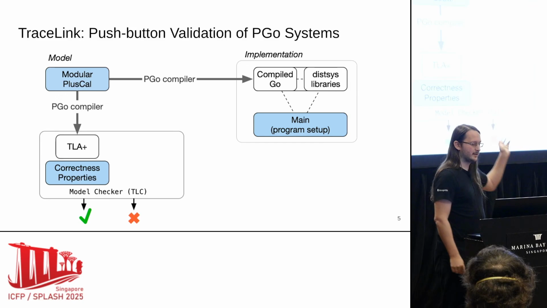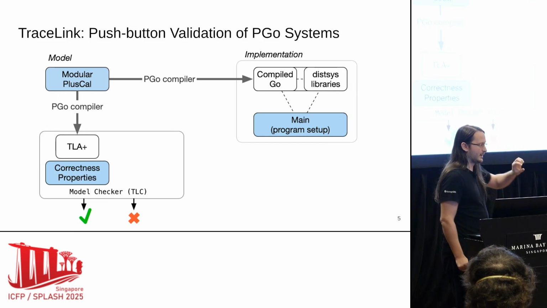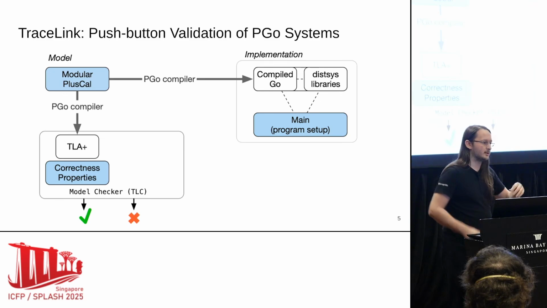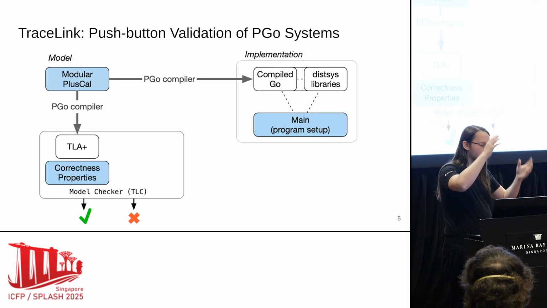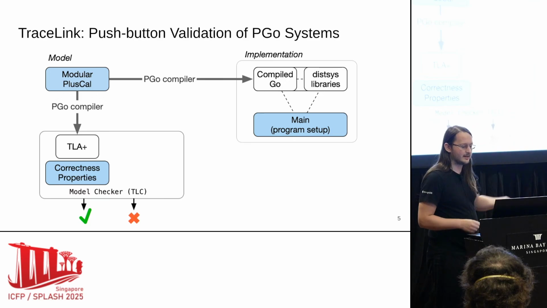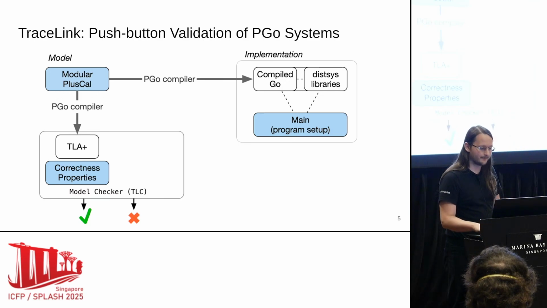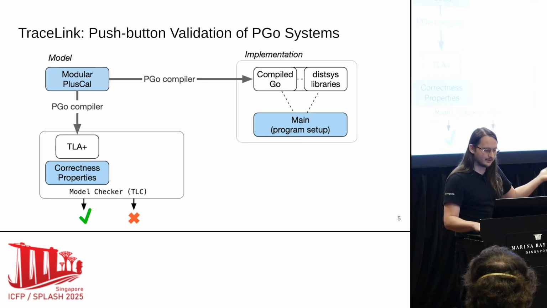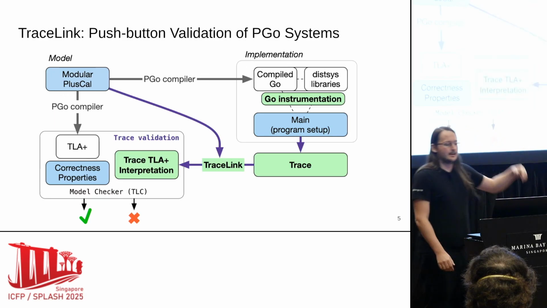Here is its architecture diagram, and essentially what we have is Modular PlusCal, which is our addition to TLA Plus, a TLA Plus compatible modeling language, which you can then extract TLA Plus from and generate into Go programs that will then run. What we added to it to make TraceLink, which is our project, is all of this.